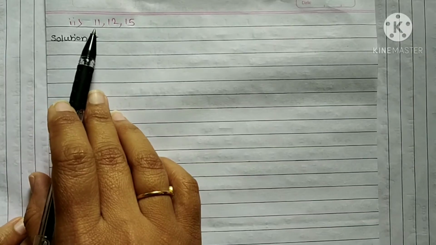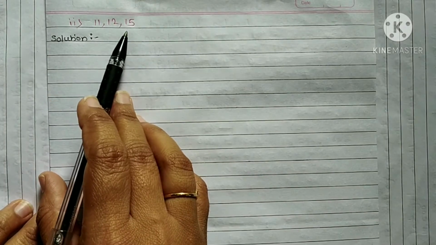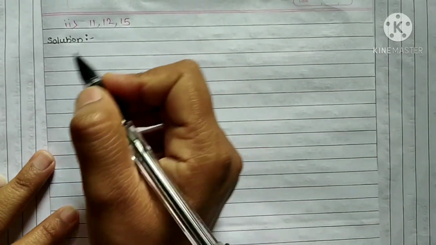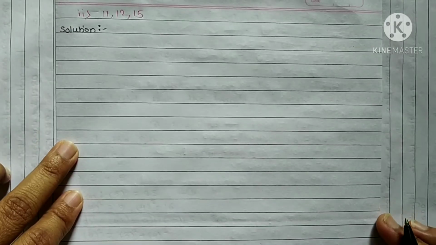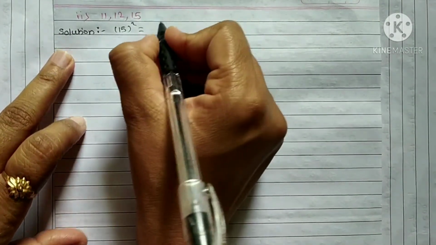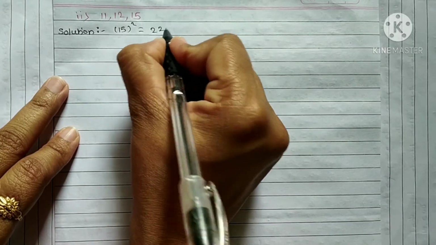Now next is 11, 12, 15. Here the length of the biggest side is 15. Therefore 15 square equal to 225.